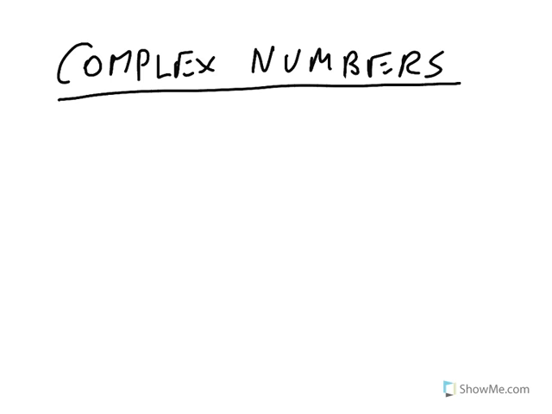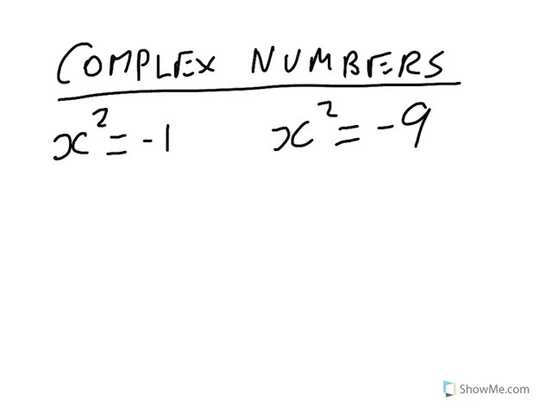Okay, in today's session we're looking at something that's new, the set of complex numbers. So mathematicians had a little bit of an issue that they needed to solve. Things like x squared equals minus 1, or x squared equals negative 9, for example.